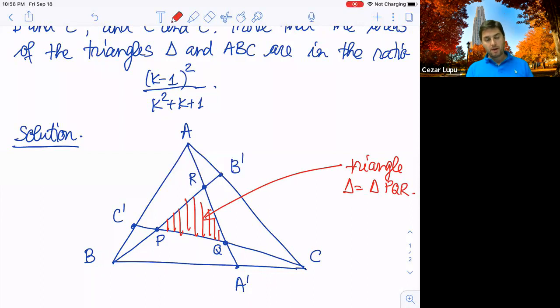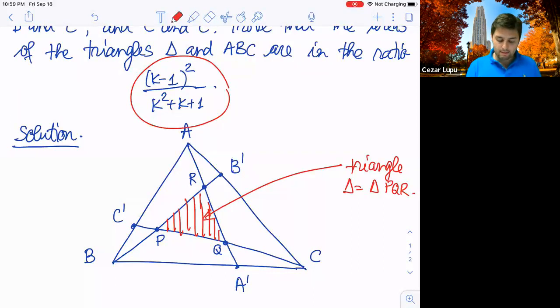We want to show that the ratio of the areas of this triangle and the big triangle ABC is this ratio right here.